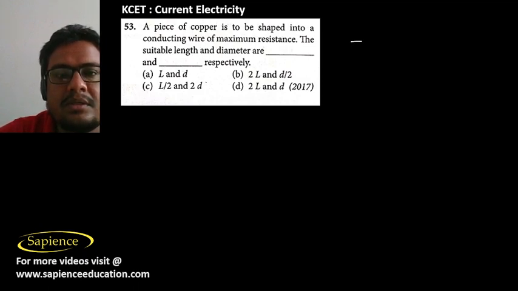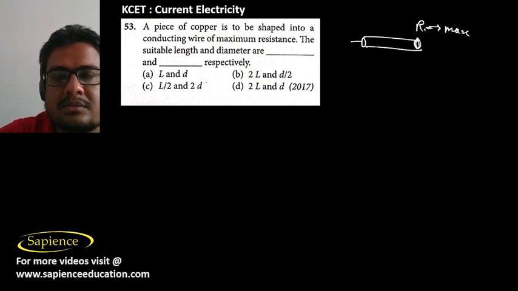So the resistance R should be maximum. Suitable length and diameter are.